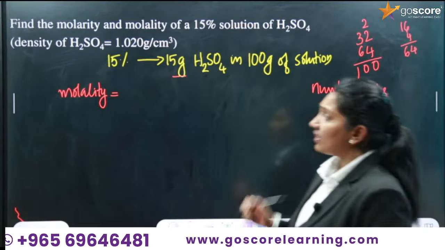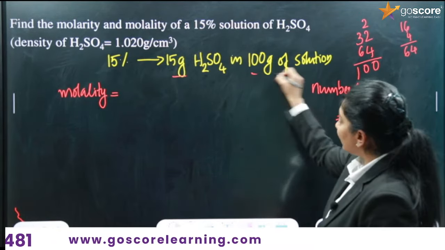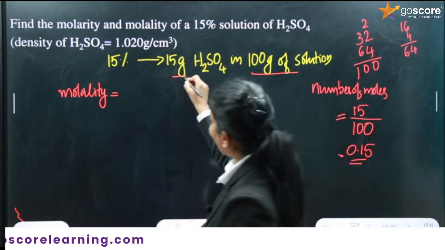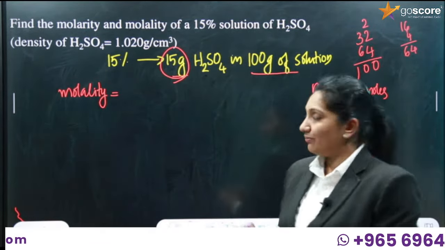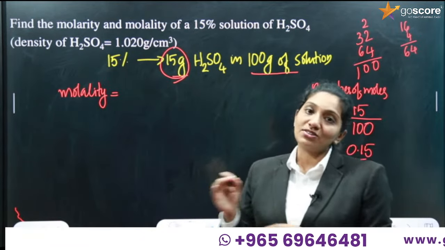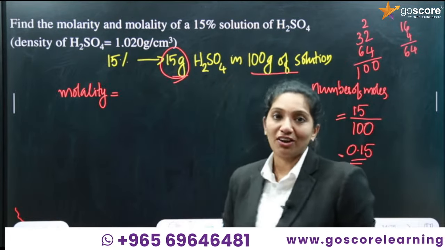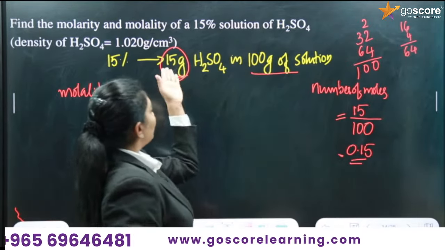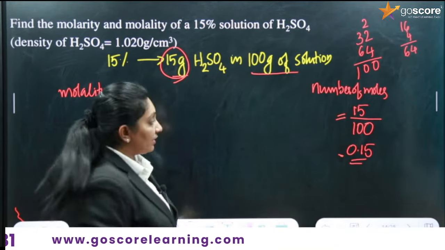So how will we get the mass of the solvent? Here we have taken 100 gram of solution and in that we added 15 gram of the solute. We know the amount of solution and also the solute, right? So how can we find out the solvent? Just simply by subtracting 15 from 100, we will get the mass of the solvent, isn't it?